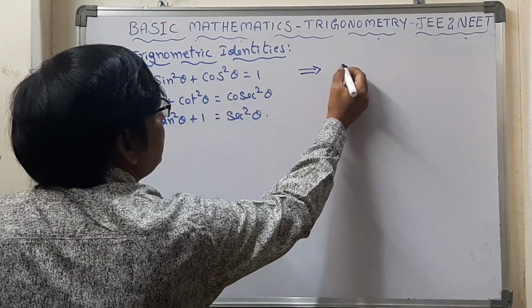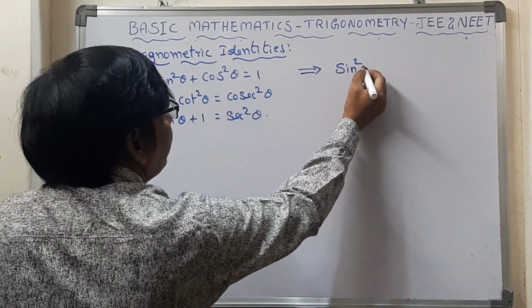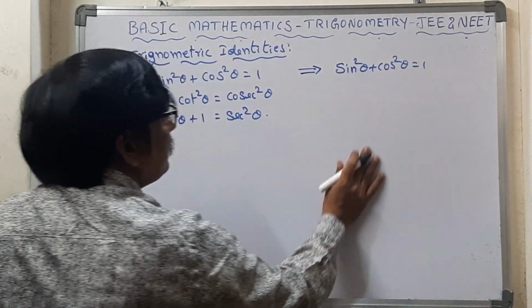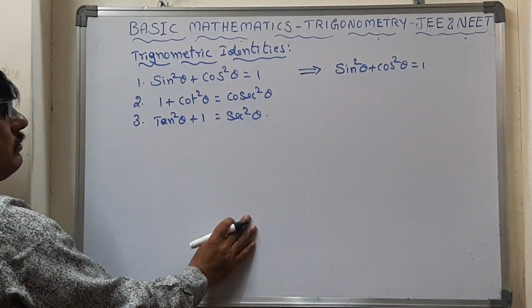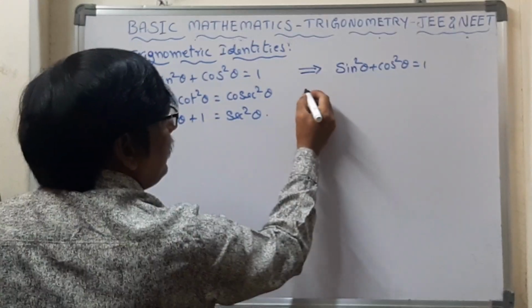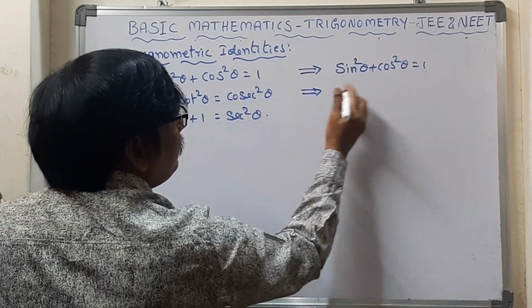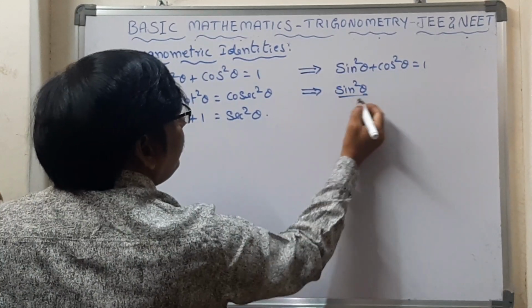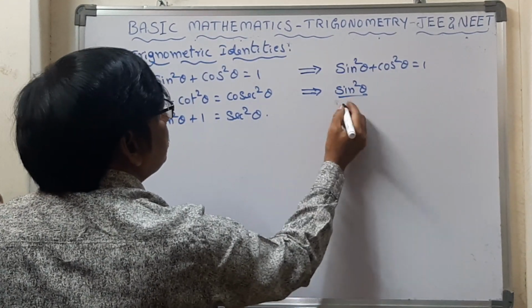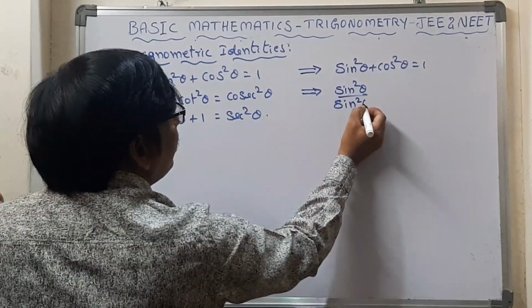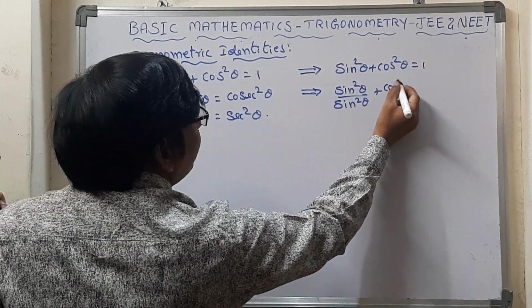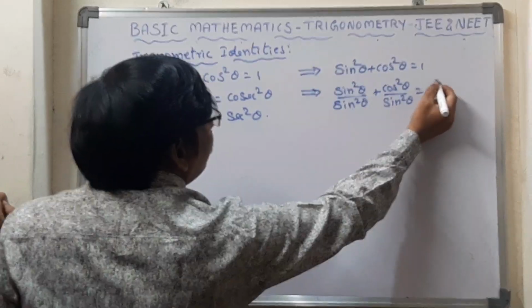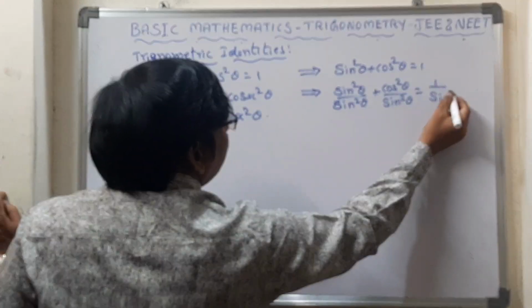So first consider sin square theta plus cos square theta is equal to 1. This is easy to remember. Now divide everything with sin square theta: sin square theta by sin square theta plus cos square theta by sin square theta is equal to 1 by sin square theta.